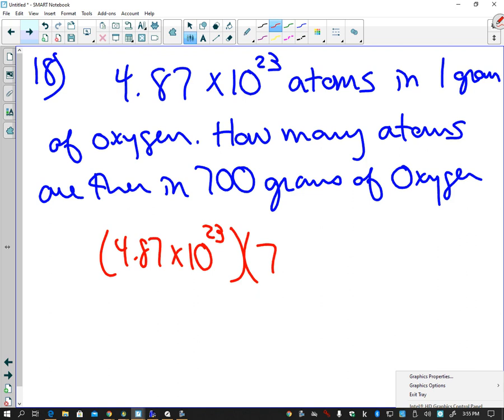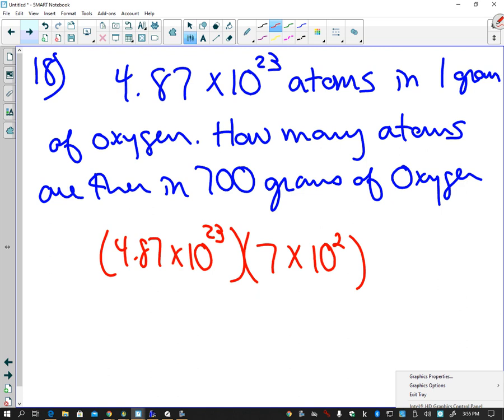That would just be 7 times 10, but 7 times 10 is just 70. I need 7 times 100, so I need 10 to a power that makes 10 equal to 100, and that would be 10 squared. 10 times 10 is 100, and 7 times 100 is 700.